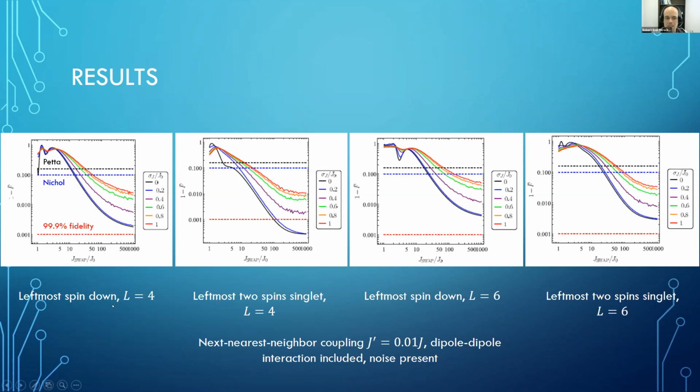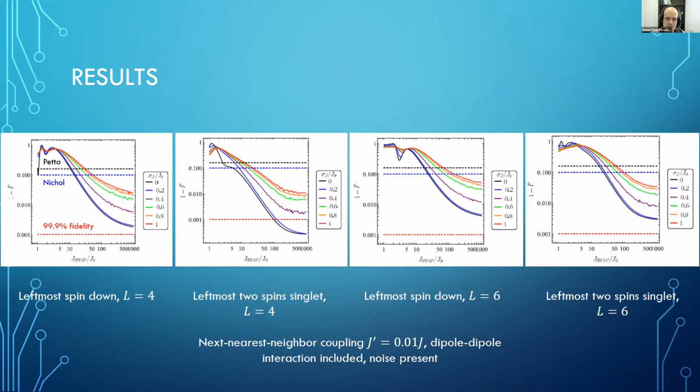Well, this is just because this is about as large a system as they have out there for an actual experiment. We don't have very large chains of spins. I know that there are some people who have claimed 9 qubits, but it's in a slightly different architecture than what I'm considering here.